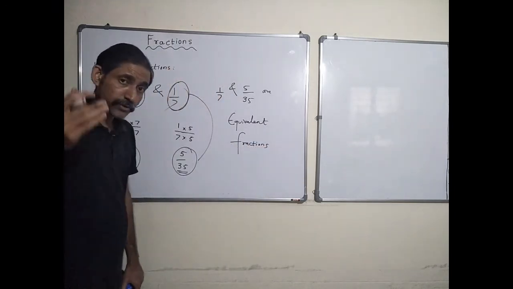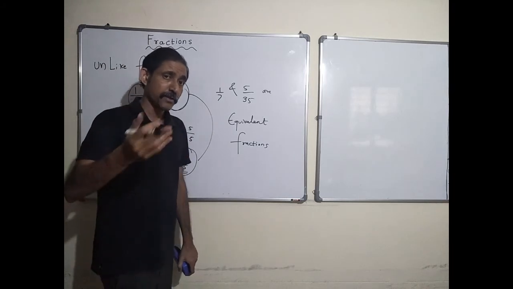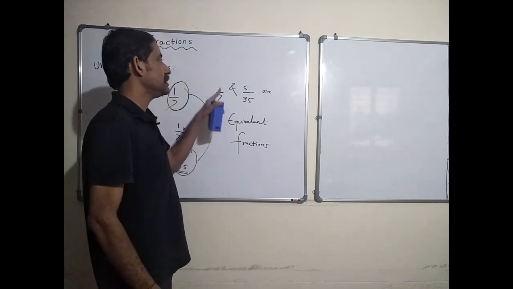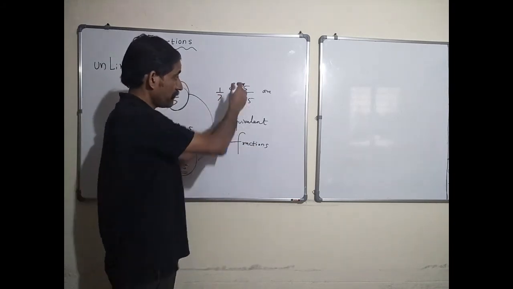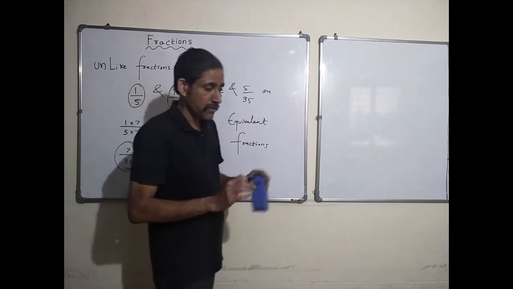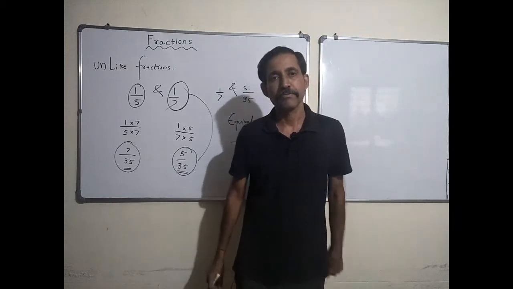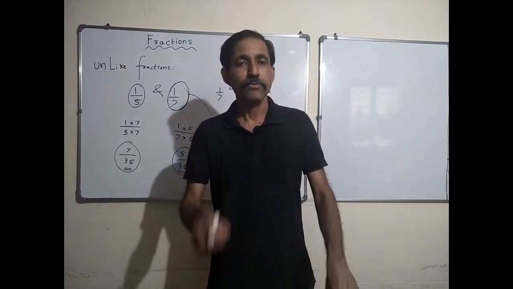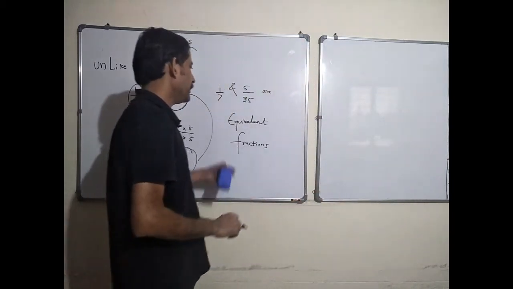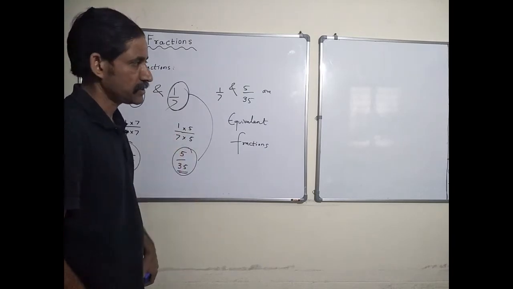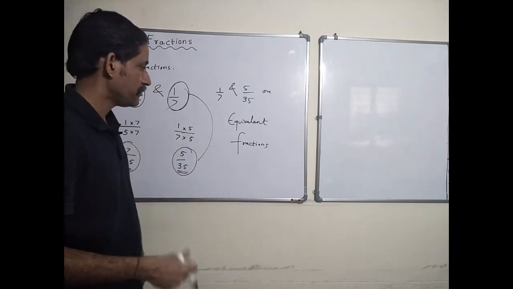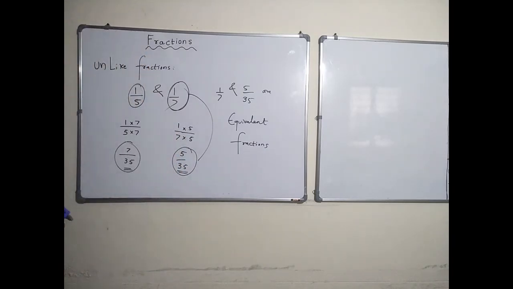Equivalent fractions are those fractions where the value is the same. 1 by 7 is the same as 5 by 35. So this is fraction 1, this is fraction 2, but their value is the same. So they are equivalent. That is where we introduced equivalent fractions to you. Hope you understood it.